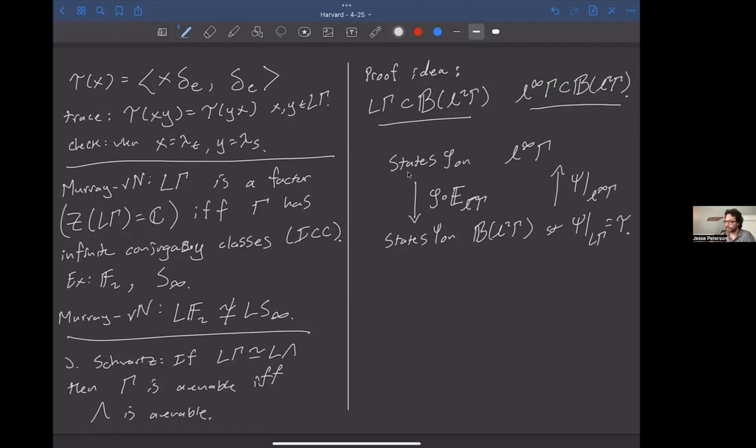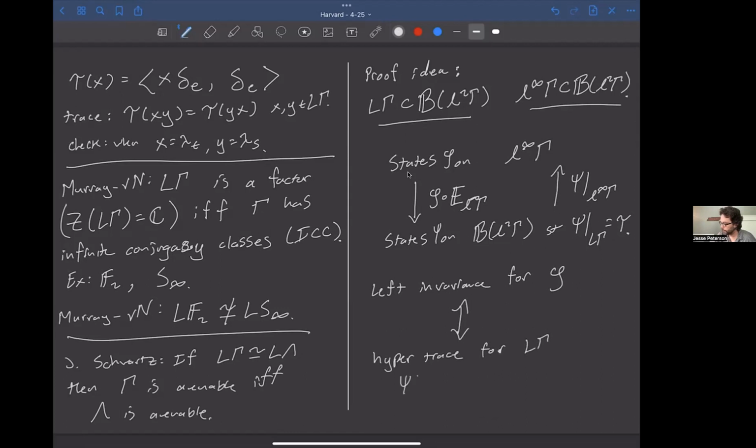Using this, you can then see, and this wasn't Schwartz's original proof, this is a simplification due to Alain Connes, that you can show that left invariance for phi exactly corresponds to what Alain Connes called a hypertrace for L gamma.